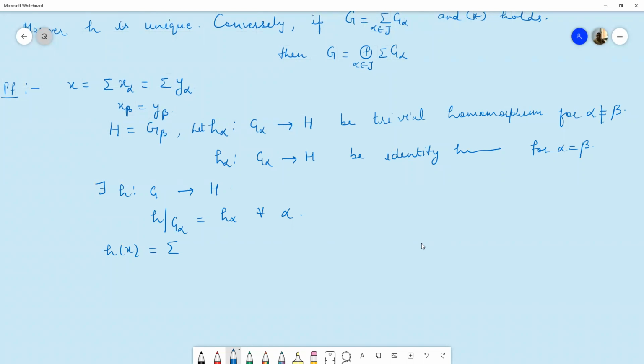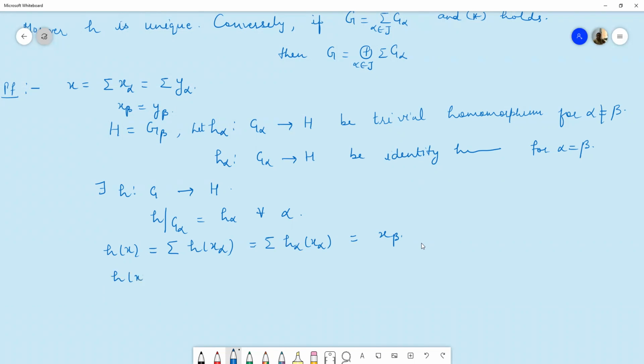If X is summation X alpha, then H of X is summation of H X alpha, and X alpha is an element of G alpha, and H restricted to G alpha is H alpha. So it is summation H alpha at X alpha. Now we know except for alpha equal to beta, this H alpha is a trivial homomorphism. So H alpha of X alpha is just the identity element for all alpha not equal to beta, and for alpha equal to beta, this is identity. So this becomes only X beta.